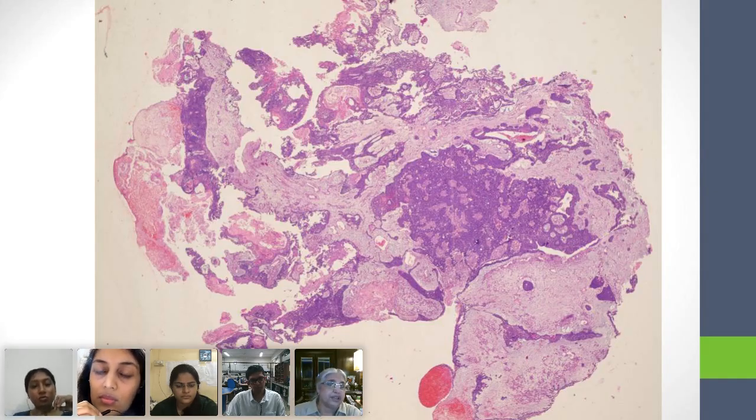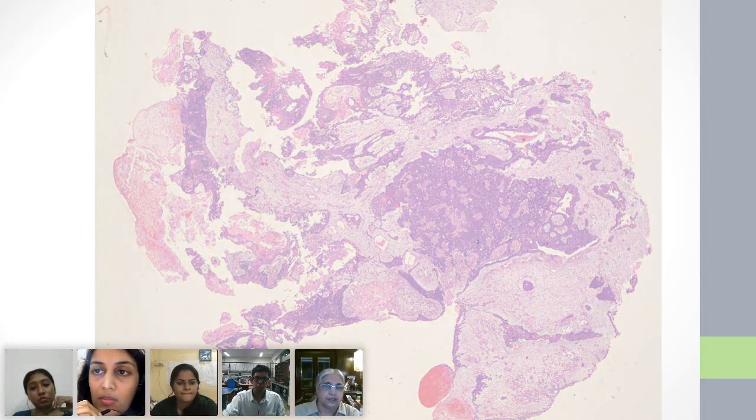So we cannot call these glands. We see that there are spaces, very irregular, and there is an interconnection between the epithelial structures, forming a lattice-like structure.